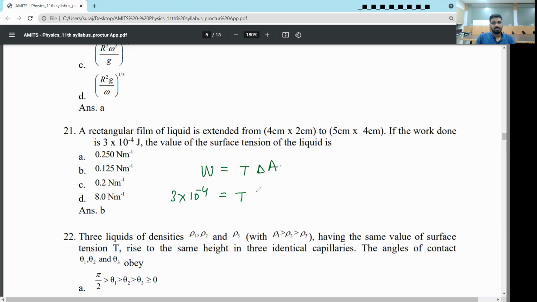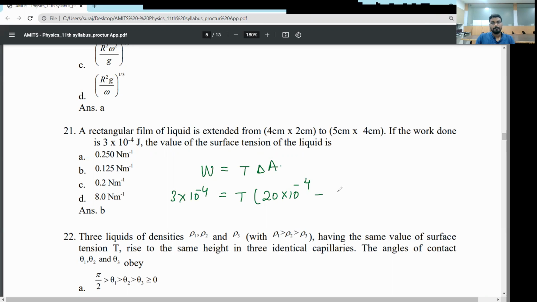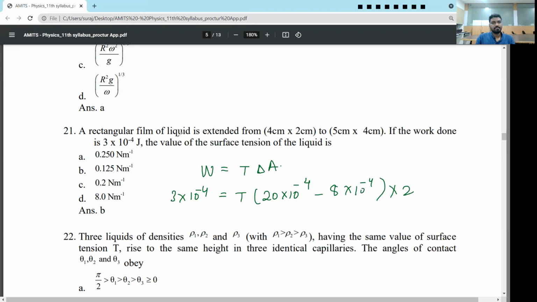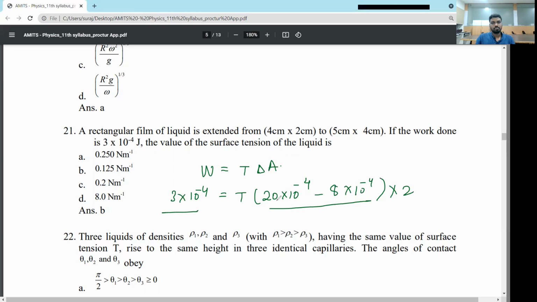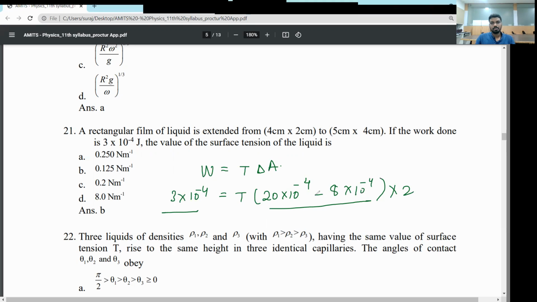Change in surface area is what here? 4 by 8, 5 by 4, 20 centimeters square. That is 20 into 10 power minus 4 minus 8 into 10 power minus 4, into 2 because it's a liquid film, there will be two surfaces. Now this 20 minus 8 becomes 12, 12 into 2 is 24, 3 by 24 into 10 power minus 4. 10 power minus 4 cancels. Option B will be correct.